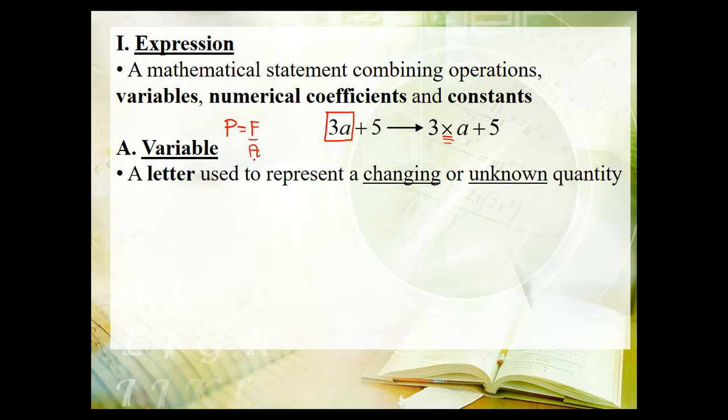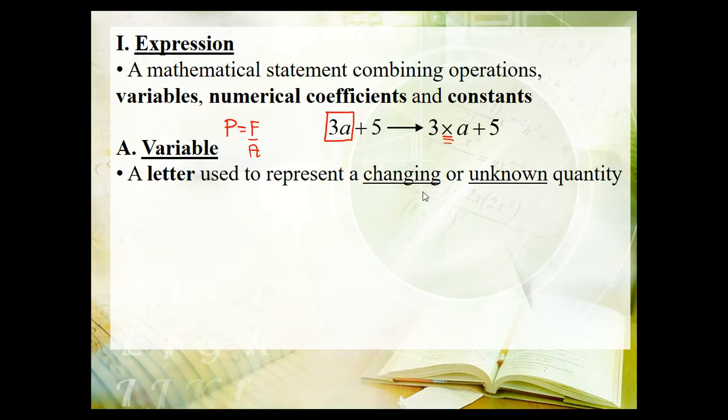P, F, and A are all variables. The reason they're variables is because depending on the scenario, you could plug in different values for F or different values for A, which would lead to different pressure values. Therefore, these letters are being used to represent values that can change depending on the scenario.